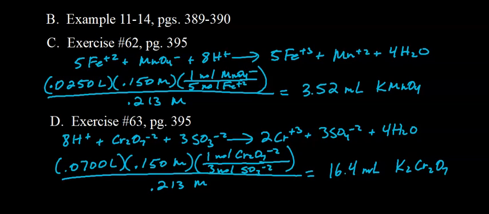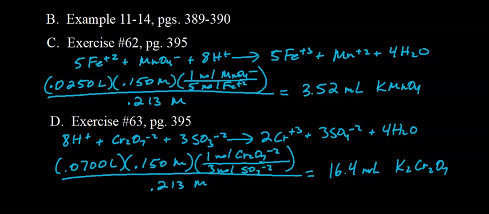Again, we're taking the volume and concentration of the sulfite solution. Notice there's a 1-to-1 ratio of sulfite ions to sodium sulfite. And then we convert that to moles of dichromate using the balanced equation, 1-to-3 ratio. Take that divided by the concentration of the dichromate, 0.213, and that'll give us volume.